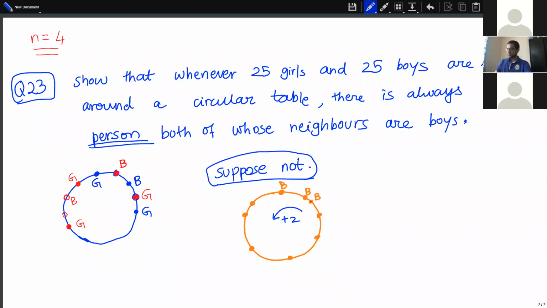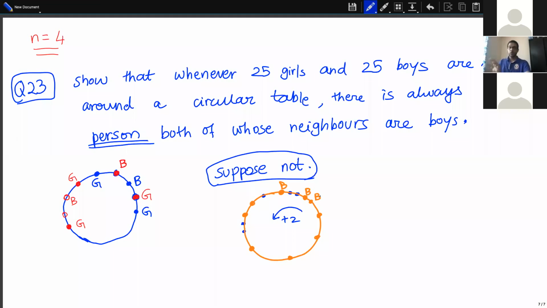Let's take the same thing. I have B here. I rotate it 2 steps anti-clockwise, which means instead of looking at this boy, I want to see who's sitting 2 steps to the right, and so on. And we have just realized that must all be girls, right?